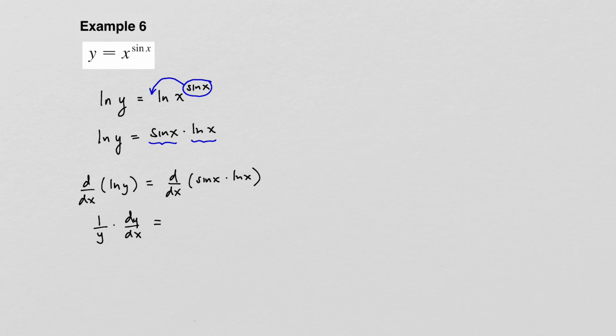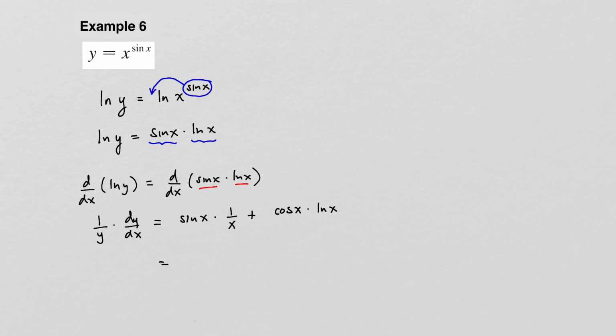And on the right-hand side, we have a product, so we're going to use the product rule. We're going to take the first function sine of x multiplied by the derivative of natural log of x, which is 1 over x, plus then the derivative of sine of x is cosine of x multiplied by the natural log of x.